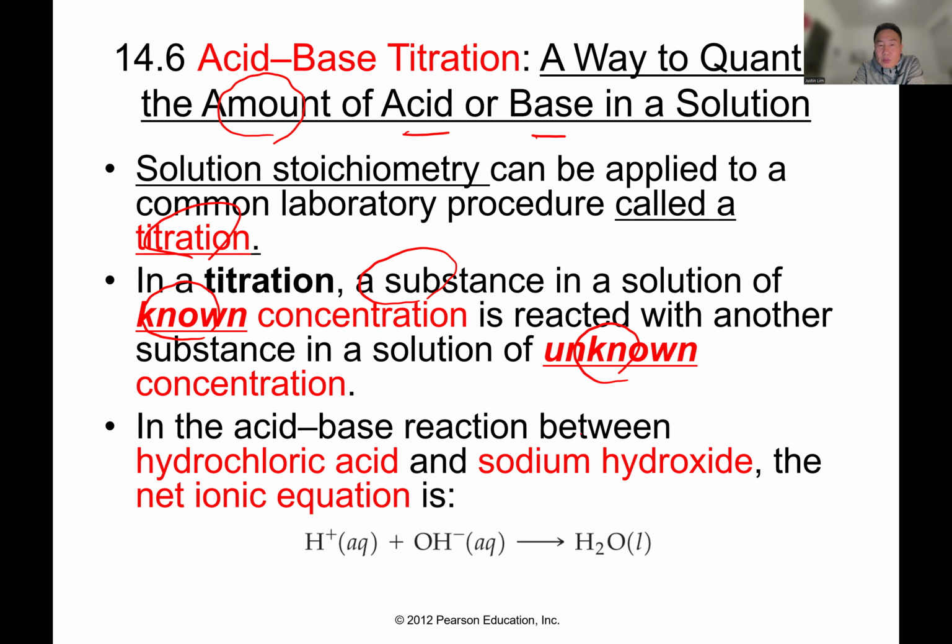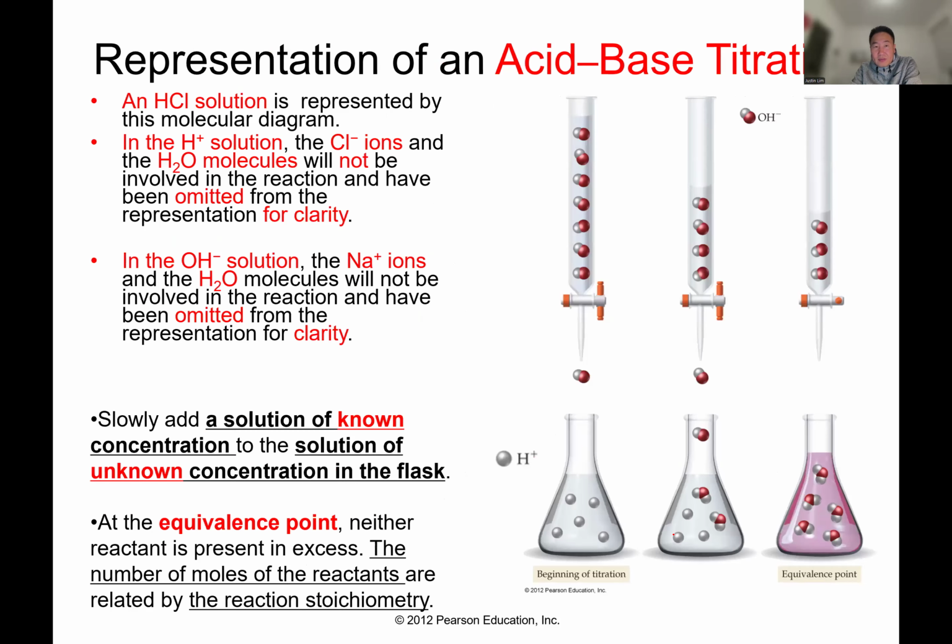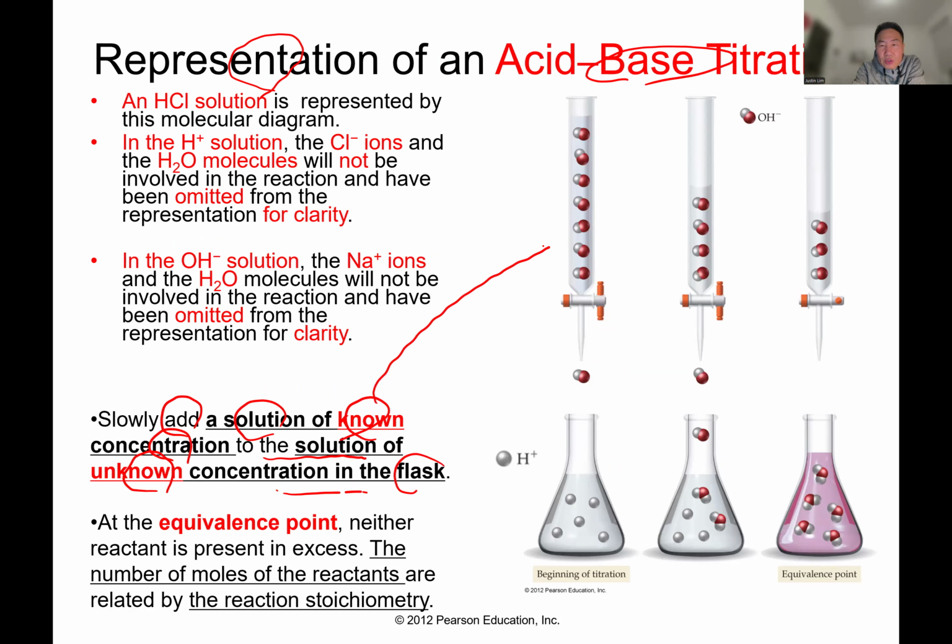In the acid-base reaction between hydrochloric acid and sodium hydroxide, the net ionic equation is hydrogen ion reacts with hydroxide ion to generate dihydrogen monoxide. Here you see a representation of the acid-base titration. You slowly add the solution of known concentration to the solution of unknown concentration in the flask. So in general, the known concentration is the base, the unknown concentration is the acid.